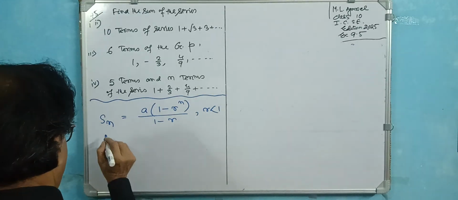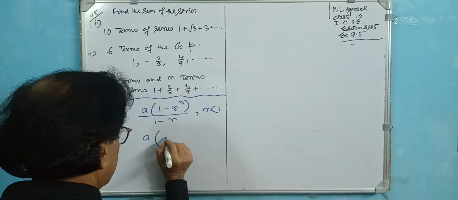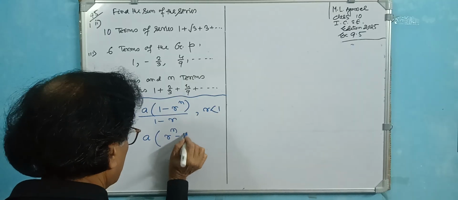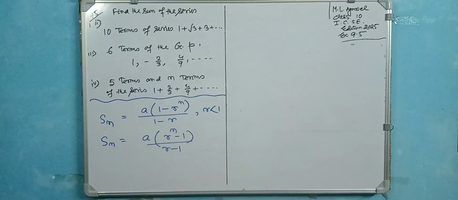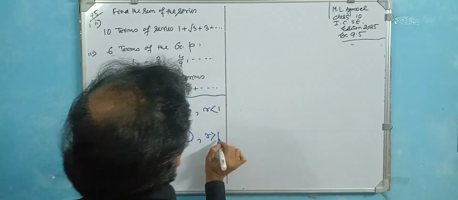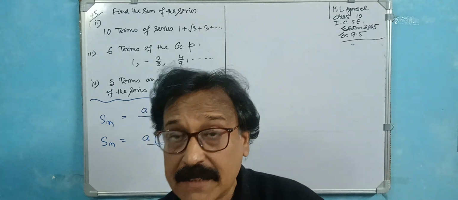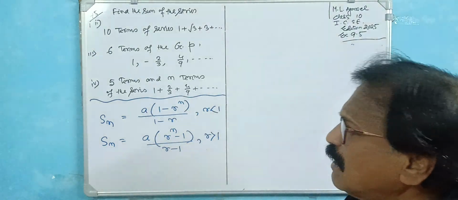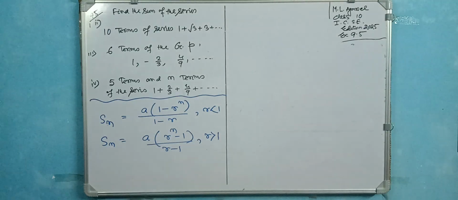And the other Sn formula is the same, you just reverse it: a(r^n - 1)/(r - 1) when r is greater than 1. These two formulas are actually one formula; on the basis of the common ratio, you just apply the formula for easier calculation. Okay, so let's start today.